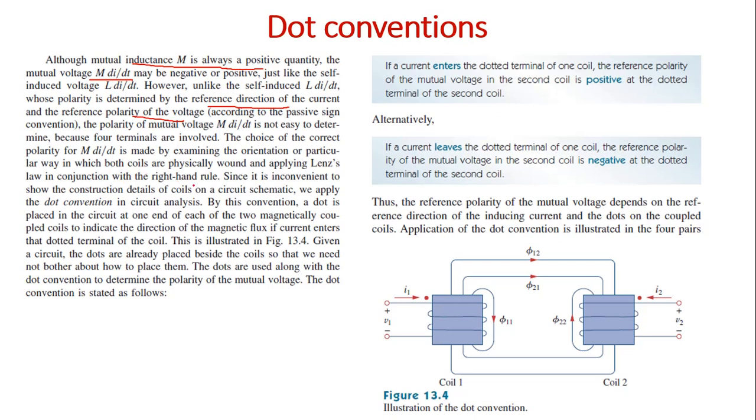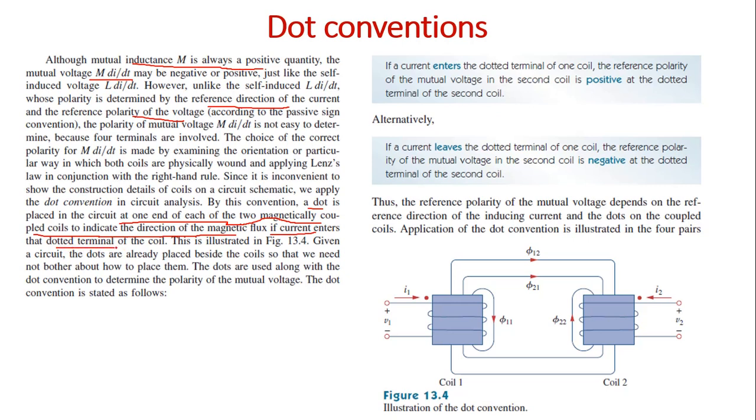So in this dot convention, a dot is placed at one end of each of the two magnetically coupled coils to indicate the direction of magnetic flux if the current enters the dotted terminal of the coil.